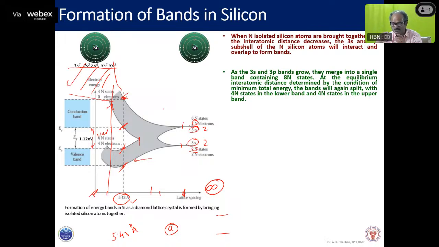silicon in a gaseous or isolated state is different than when silicon is made into a crystal with a diamond structure.